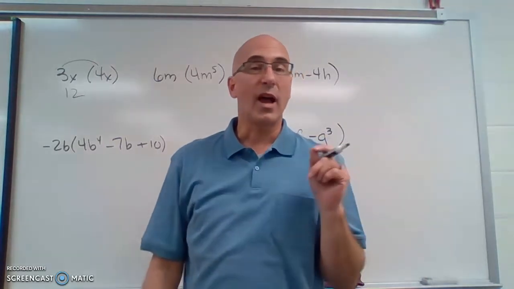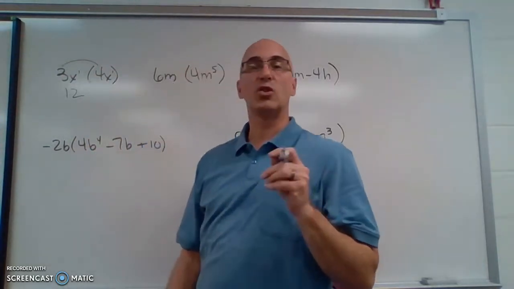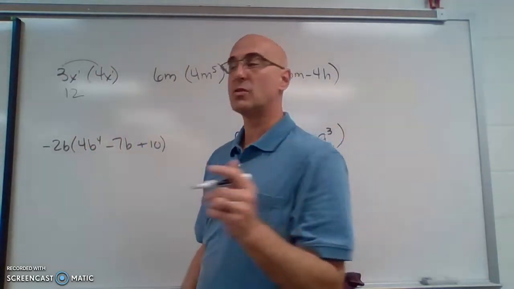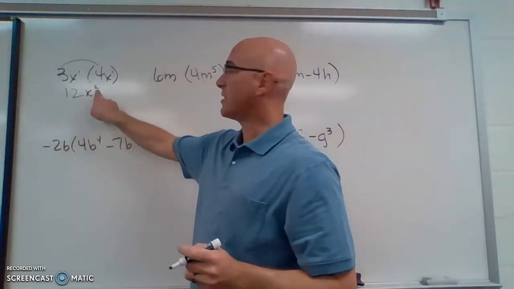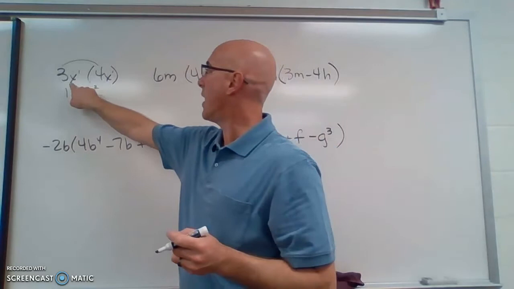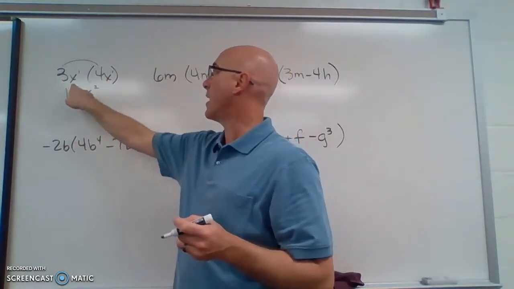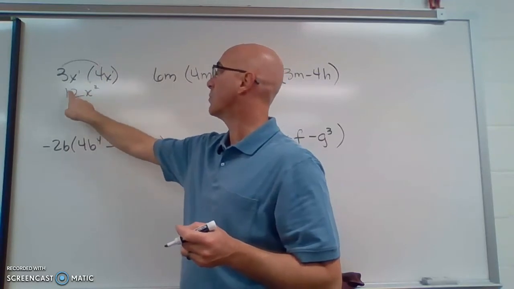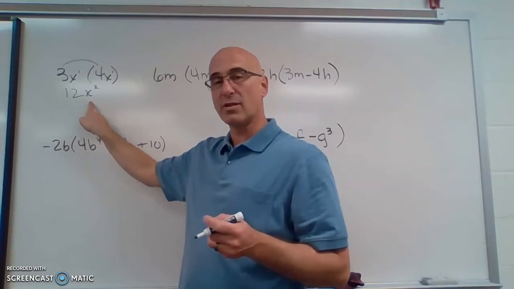In this case, our exponents are 1, because just the letter is assumed to have an exponent of 1. So 1 plus 1 is 2. So we get x to the second, or x squared. So when we multiply 3x times 4x, multiplying the coefficients and then the variables, we get 12x squared.